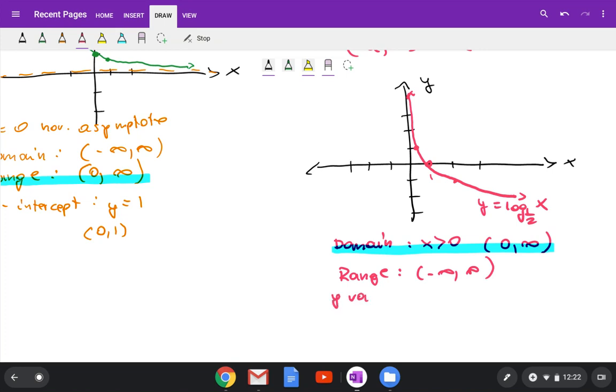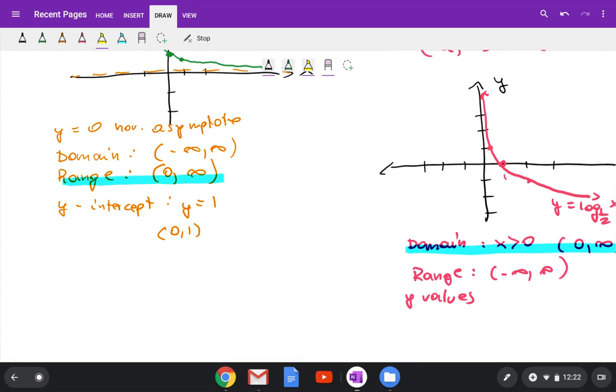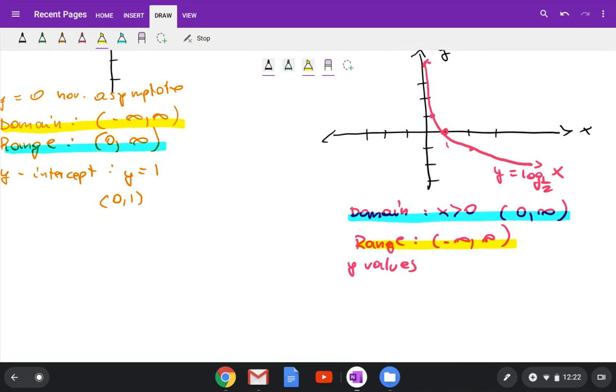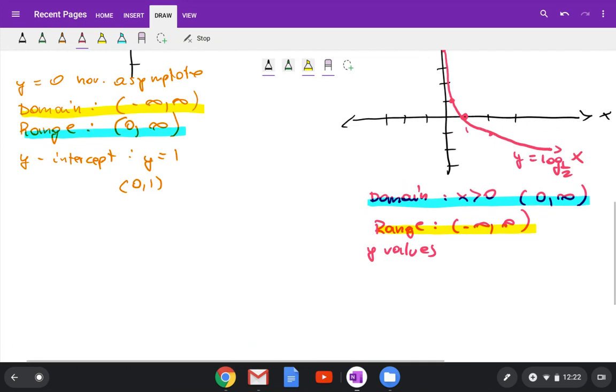So the range of the logarithmic function is the same as the domain of the exponential function. Now look what happened. Our function is decreasing. We don't have a y-intercept, however, we have an x-intercept: at x equals 1, we have the point 1 comma 0.